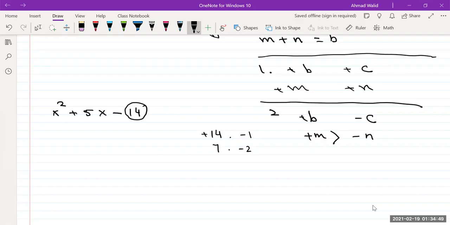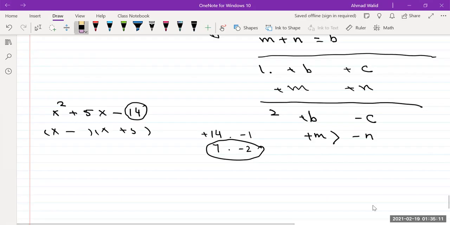These are the possible factors. You cannot factor 14 anymore, correct? Which pair adds to give you 5? Definitely this one, right? Then open 2 parentheses, x and x, one parenthesis negative, one of them positive. Correct? Your bigger number was 7, positive 7 and negative 2. Here you go, you factored it.